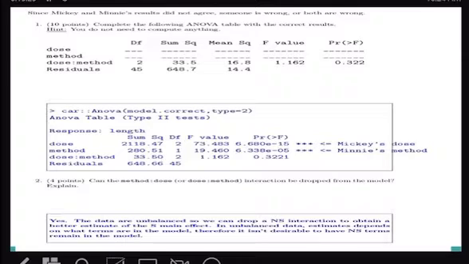If you go ahead and run a type 2 test, this is what you're going to get. But you do not need to run a type 2 test.